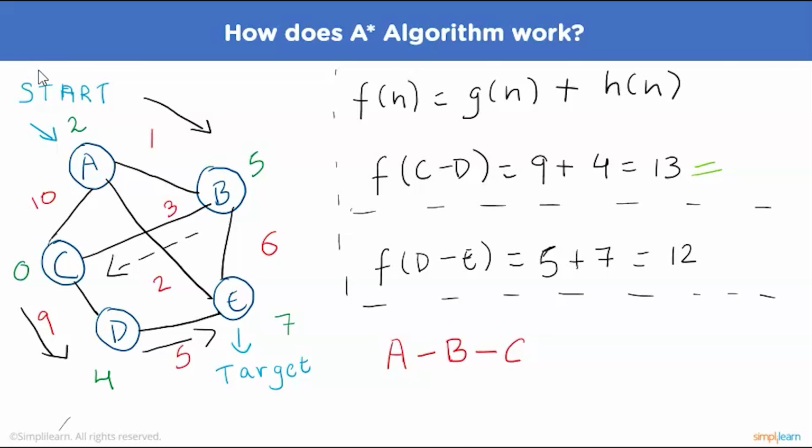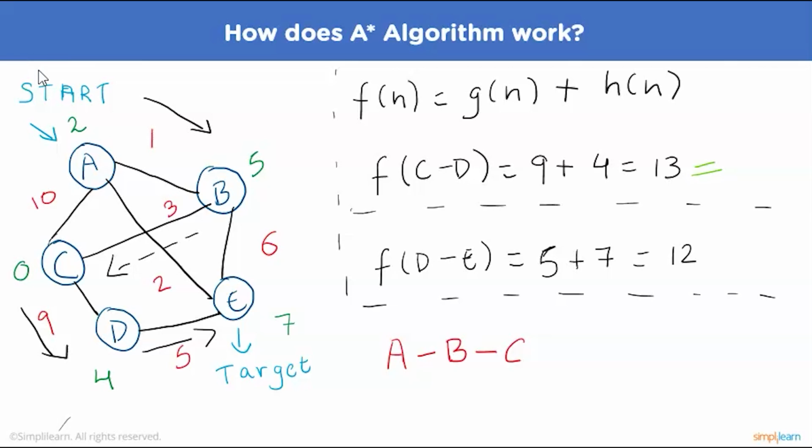From C, there was no other path we could take. We cannot go back to the node we came from, which is B, because A star algorithm does not support backtracking. And we couldn't go back to A either because this path had already been considered and we'd already ruled this path out, right?